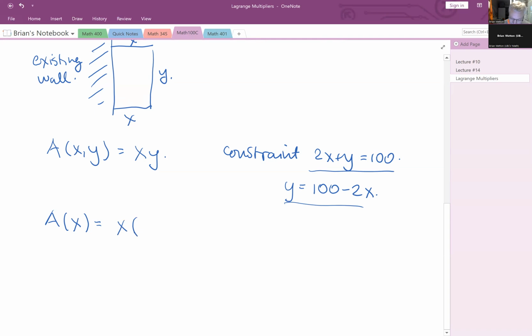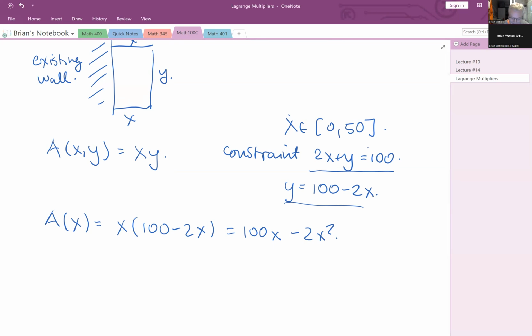So it's x times (100 minus 2x). That's 100x minus 2x squared. We know that x has to be in the interval 0 to 50. And the two extremes, 0 and 50, give you no enclosed area.